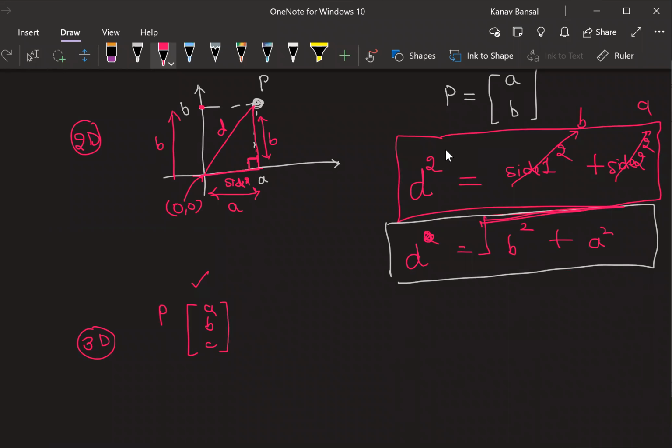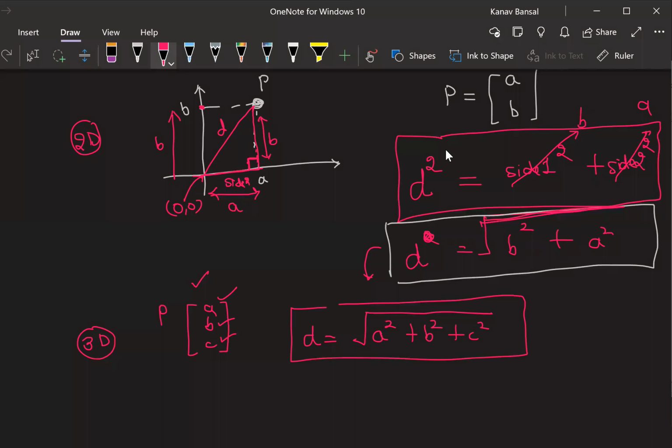It is easy. Just try to generalize this equation. The distance is the square root of A square plus B square plus C square. Just take the squared sum of all the components. That is your distance from the origin for any point in 3 dimensions.